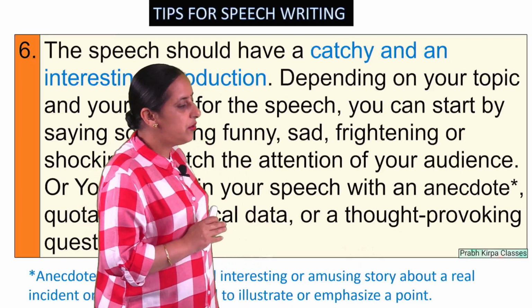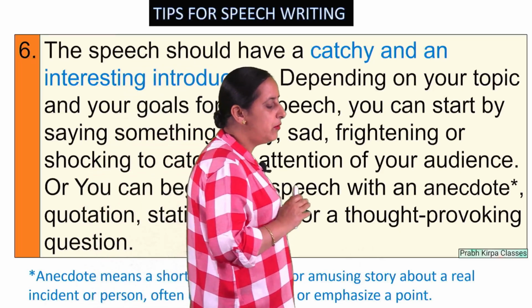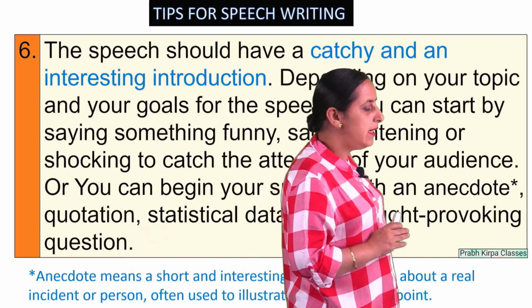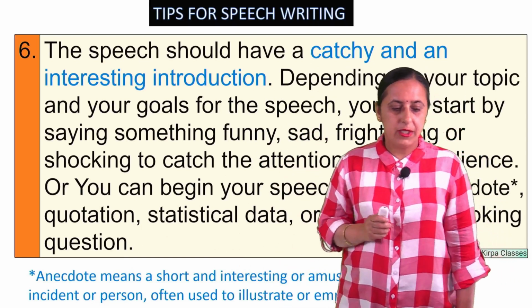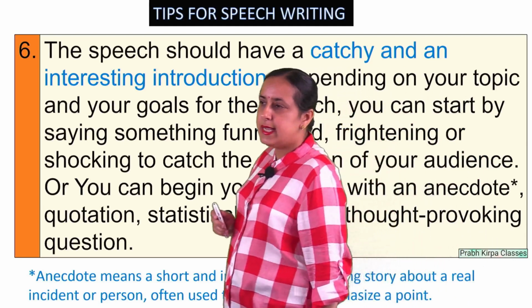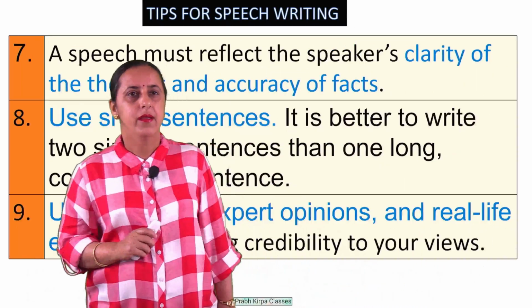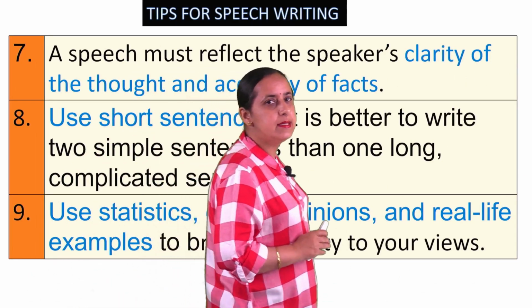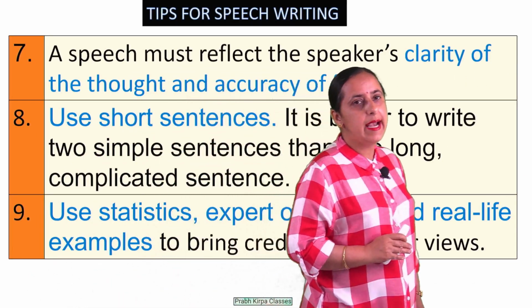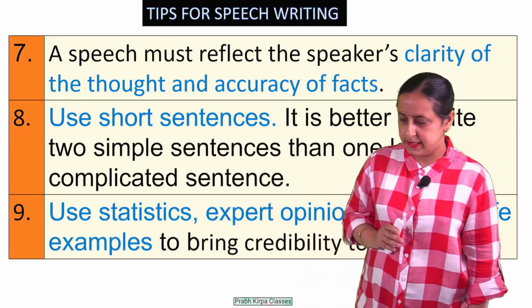Anecdote means a short and interesting or amusing story about a real incident or person, often used to illustrate or emphasize a point. Seventh, a speech must reflect the speaker's clarity of thought and accuracy of facts.